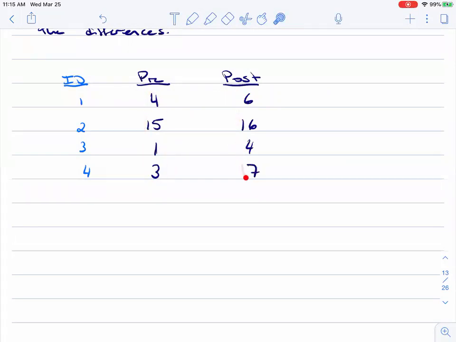Those differences would be kind of lost, right? So what we're trying to capture is the fact that this person, even though they started low, they still increased, right? So regardless of where you started, you increased. And so it doesn't really matter where you started from, right?